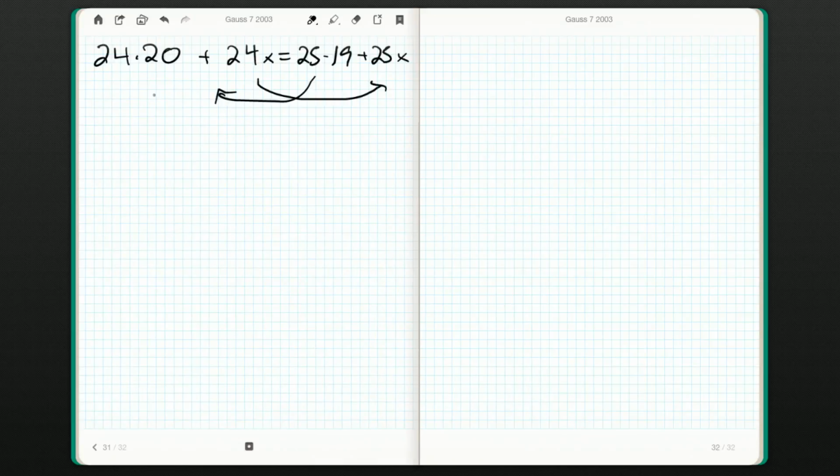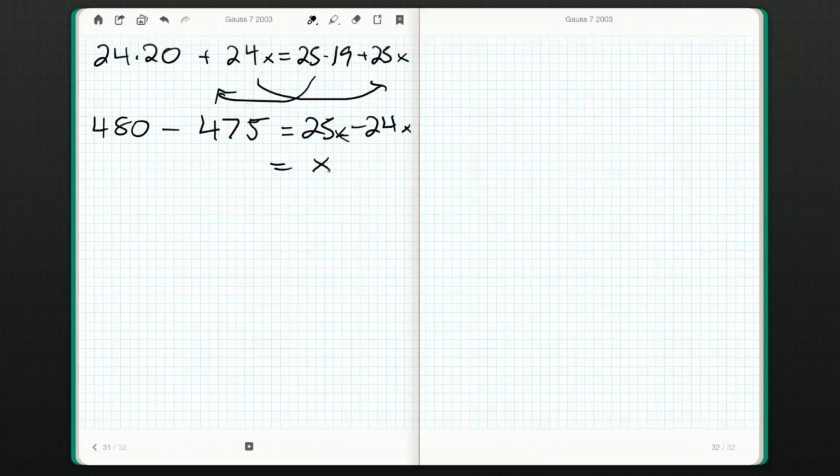Now if we bring the 24x onto this side, the 25 times 19 onto this side, we get 24 times 20, that's 480, minus 25 times 19. What's 25 times 19? Just grabbing my calculator here. 475. There we go. Okay. And that's going to be 25x minus 24x. Well, 25x minus 24x, that's just an x.